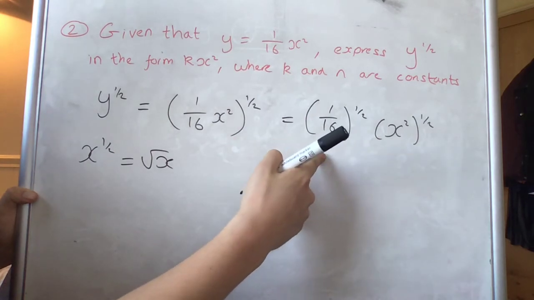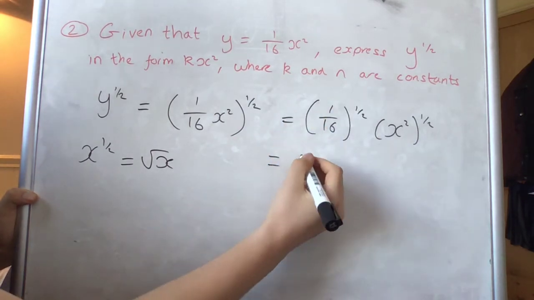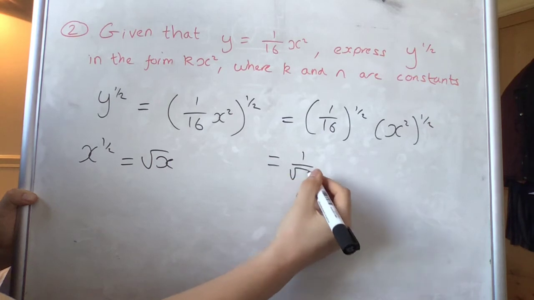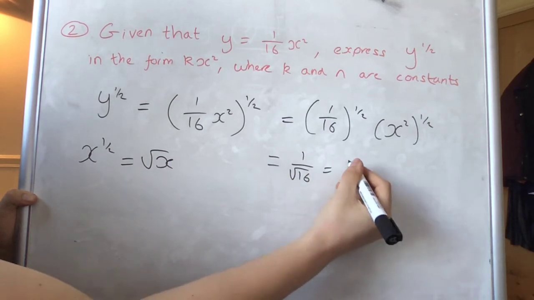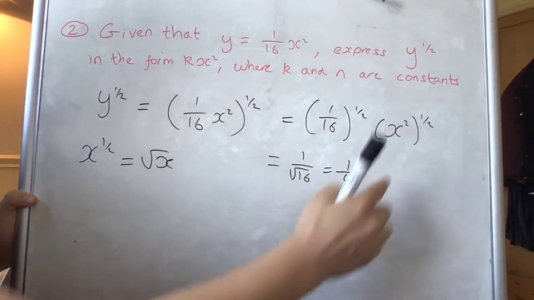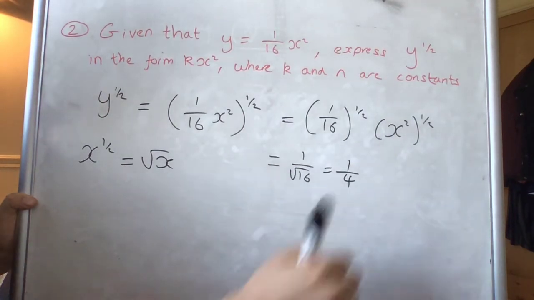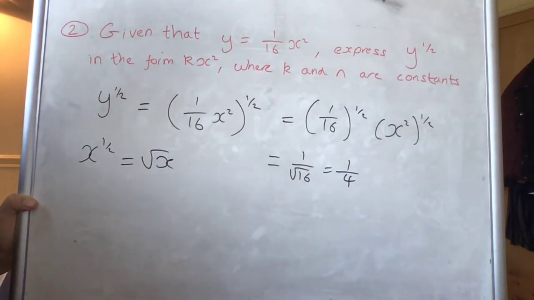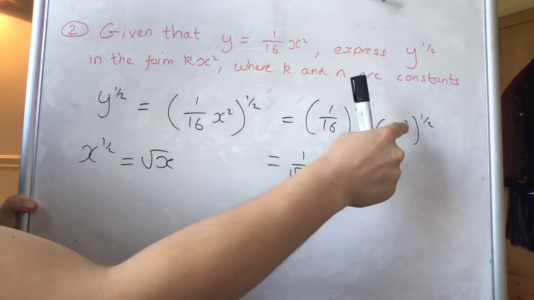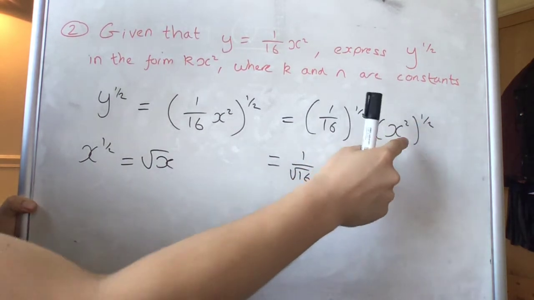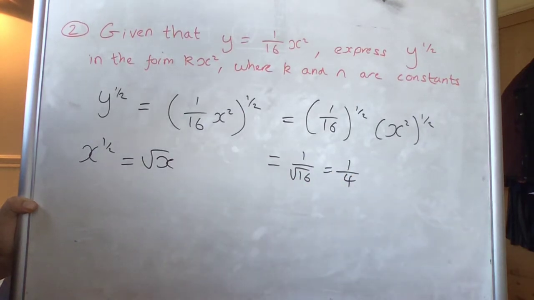So 1/16 raised to the power of a half is simply 1 over the square root of 16, which equals 1 over 4. And x squared to the power of a half is, well, if you remember from our laws of indices, we simply have to multiply together the exponent within the bracket and the exponent outside the bracket.